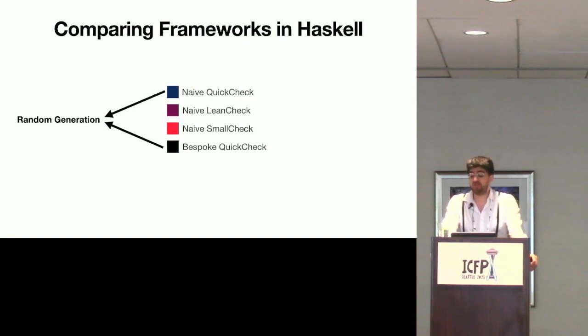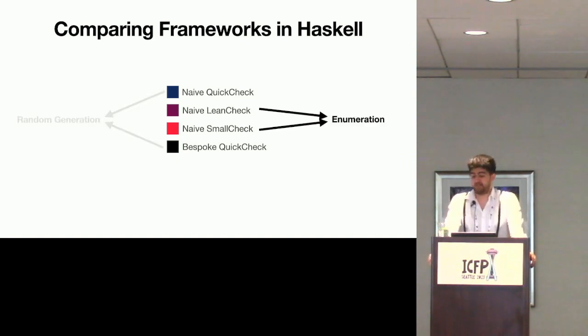And the other one is the bespoke QuickCheck generator that we have written by hand. The bespoke QuickCheck generator is aimed at being a top line that automated methods should aspire to achieve. And the other two are the LeanCheck and SmallCheck generators that are both enumeration-based generation techniques.